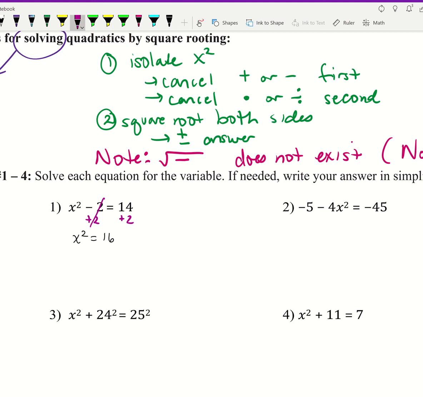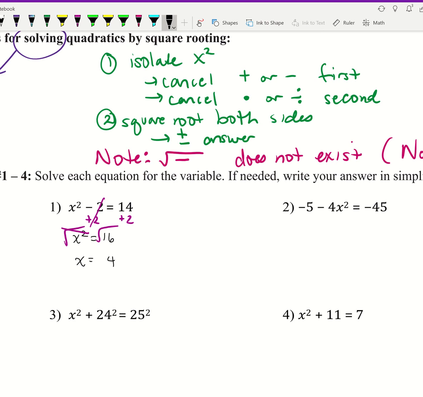So I will then square root both sides of the equation. What happens is that a square root and a square are inverse operations. So x is equal to, people say the square root of 16 is 4. That is true. That is one of the square roots of 16. And most of the time when we're square rooting things, we just want the positive answer, the principal square root.